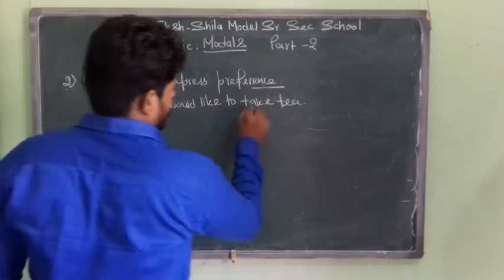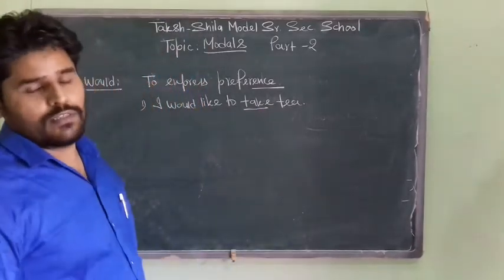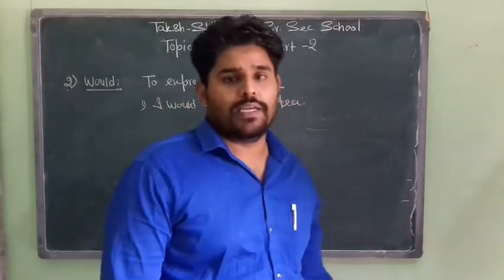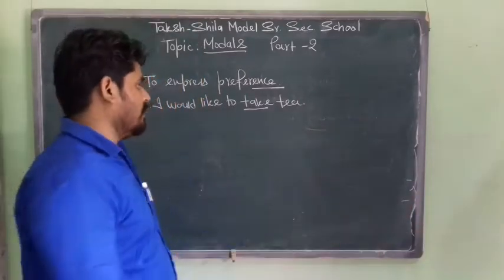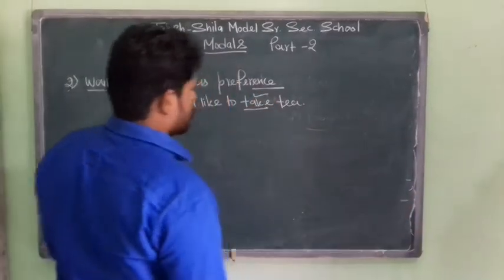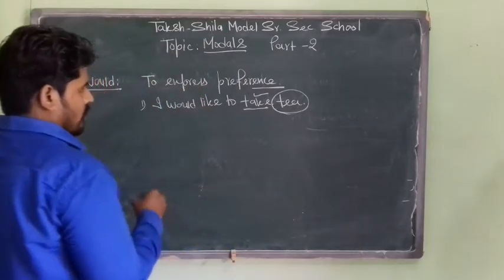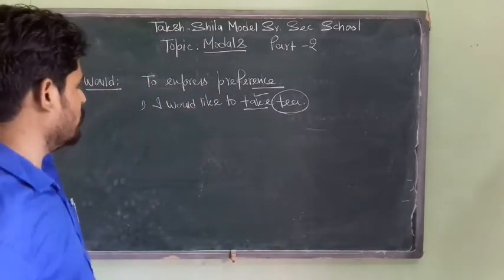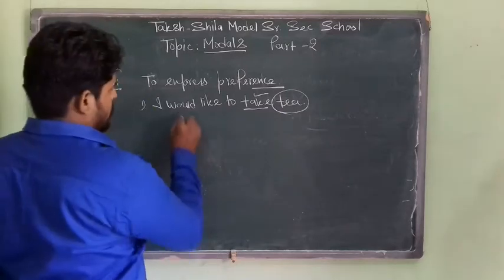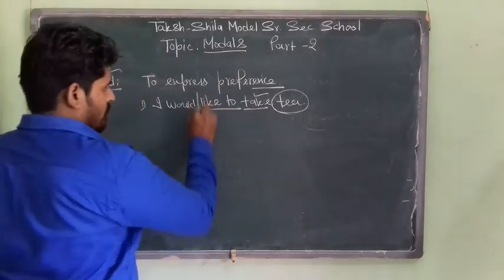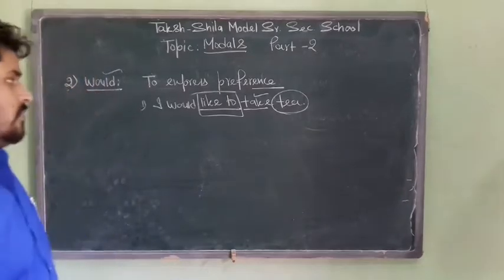Here I'm just giving preference to tea rather than some other beverage like cold drink, soft drink, anything else, but I am just giving preference to taking tea only. So preference is expressed, or preference is shown with the help of would, especially with the phrase like to.